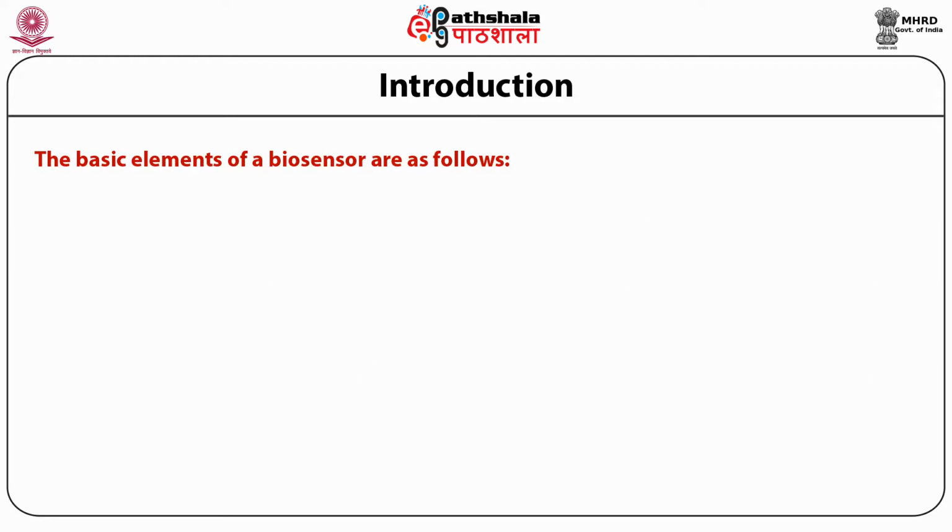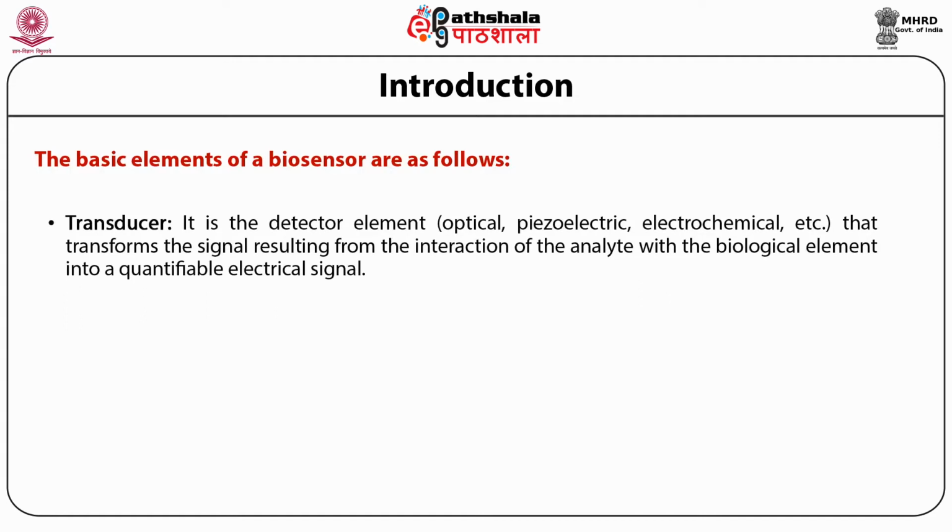The third basic element of a biosensor is the transducer. Transducer is the detector element, optical, piezoelectric, electrochemical, etc., that transforms the signal resulting from the interaction of the analyte with the biological element into a quantifiable electrical signal.